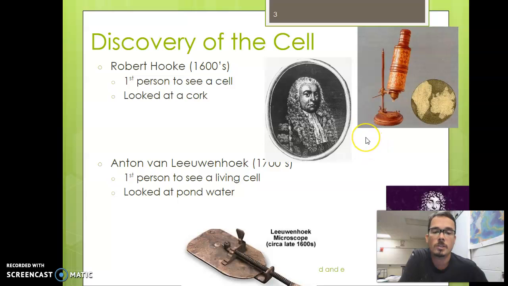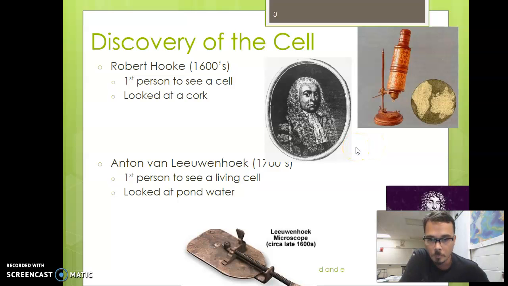The Hooke brothers is what I call them. You have Robert Hooke and Anton von Leeuwenhoek, who were some of the first to see the cell and see a living cell. Robert saw a cell while looking at a cork, which was not a living cell.